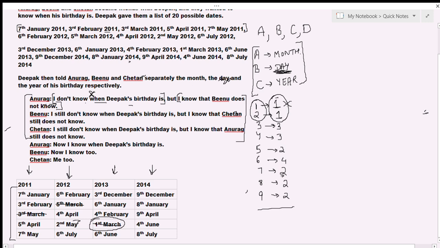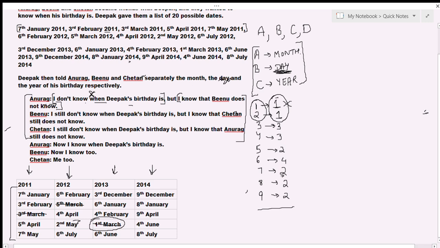Now, 2nd also appears once, 2nd May 2012. If there would have been any chance that Anurag would have been given May, then the only possible thing is, if Anurag gets May, then Binu could have got either 2nd May or 7th May.